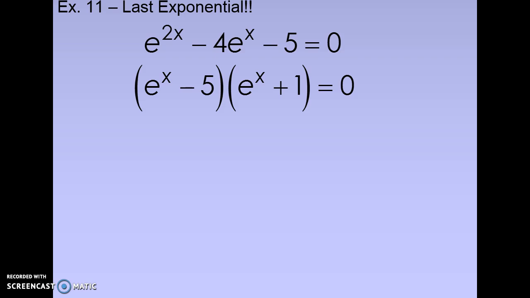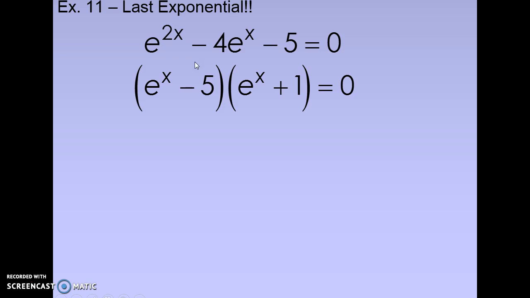Now let's look at our last one. We have e to the 2x power minus 4e to the x power minus 5. Some people suggest doing it the long way. I just say we factor this thing out, because I know that e to the x times e to the x gives me e to the 2x. So if we factor this, I know that I have e to the x and e to the x. Now what are my factors of 5 that can give me negative 4?